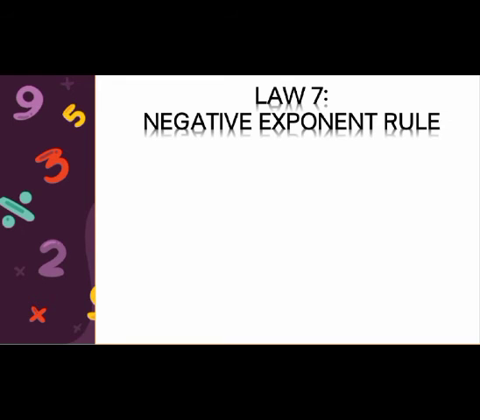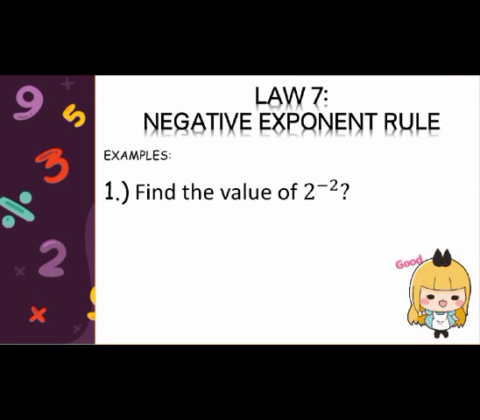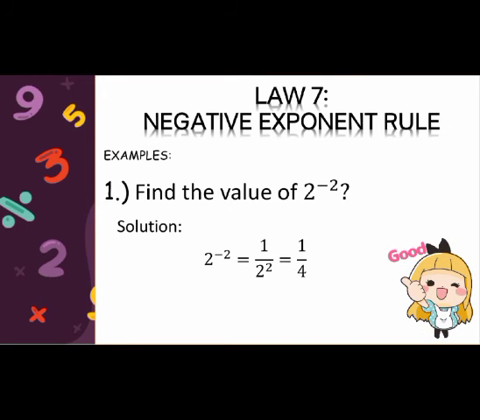So our next rule is about the negative exponent rule. According to this rule, if the exponent is negative, we can change the exponent into positive by writing the same value in the denominator, and the numerator holds the value 1. So for example, find the value of 2 to the power of negative 2. In order to change the exponent into a positive, we will put 2 to the power of negative 2 in the denominator, and then the sign will change, so it will become positive.